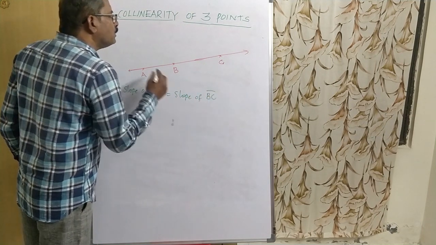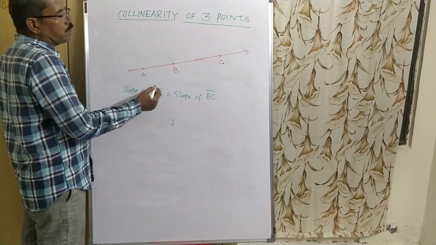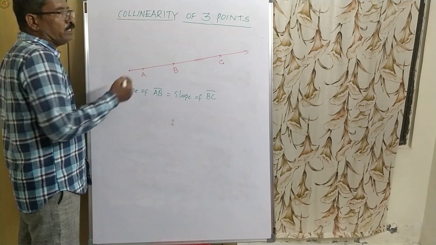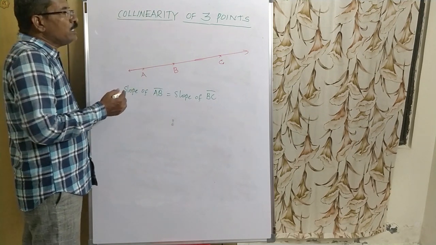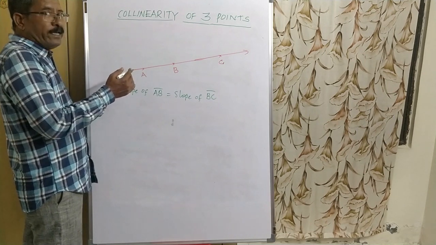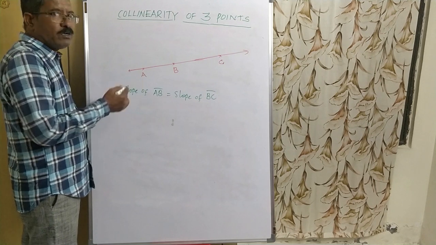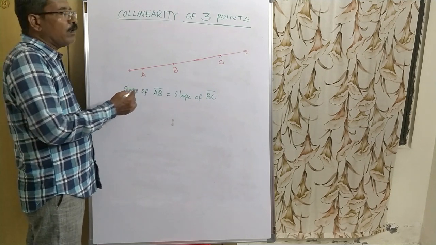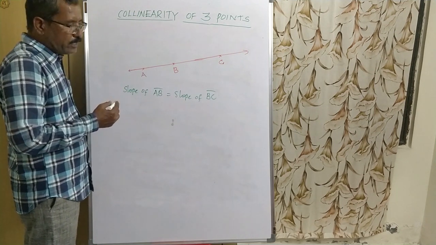Then the 3 points are said to be collinear. And there is another method: if the area of triangle ABC is equal to 0, that means they are collinear. The different methods are there. Let us take one example on this.